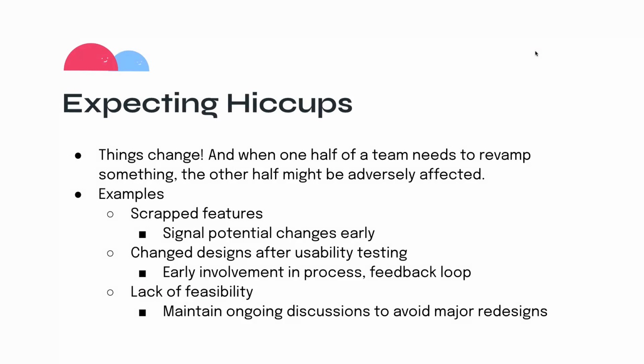Keeping developers in that user feedback loop from the get-go can potentially help with limiting unnecessary overhead from the developer side. But again, at some point it's going to be unfortunate at the end of the day.